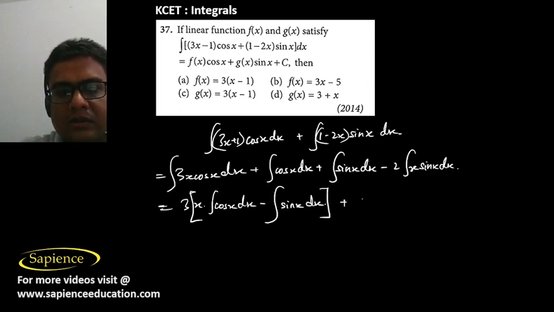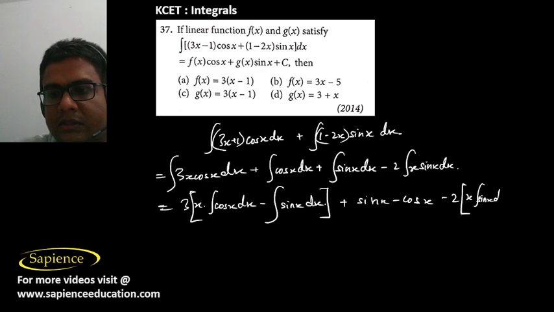Plus the integral of cos x is sin x, plus the integral of sin x is minus cos x. Then minus 2 into the integral of x sin x dx, so this will be x into the integral of sin x dx, then minus the integral of the derivative of x, that is 1, and the integral of sin x, that is minus cos x.